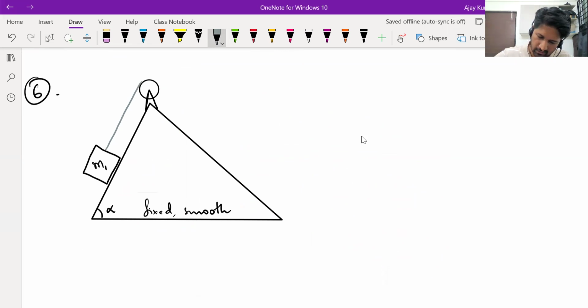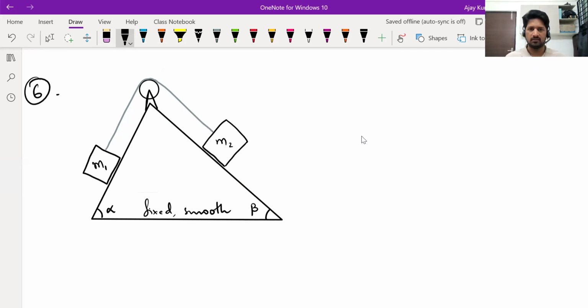Strings and pulleys are ideal. Other side mass is m2, angle is beta. Calculate the acceleration of the blocks, and assume the system is accelerating this way. Assume m2 is accelerating downward.